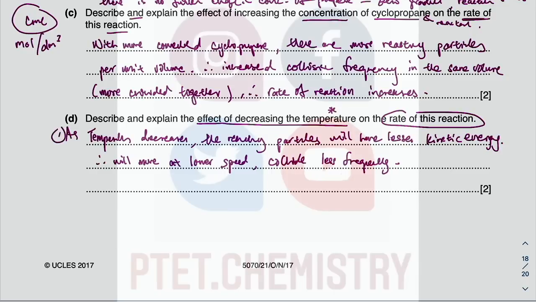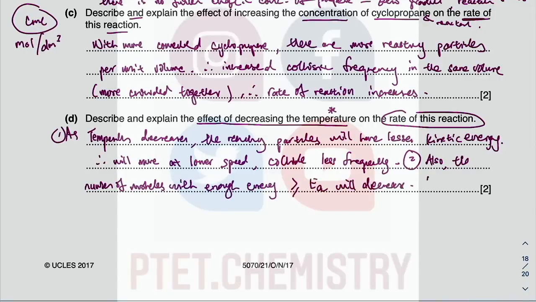But temperature has two important criteria, one of which is collision frequency. The other one is the more important one. Also, the number of reacting molecules with sufficient energy, greater than or equal to the activation energy, will decrease. So your proportion or percentage of effective collisions will decrease.